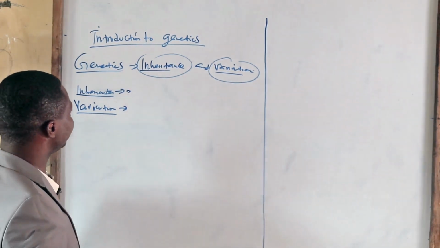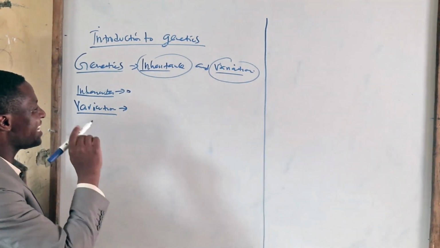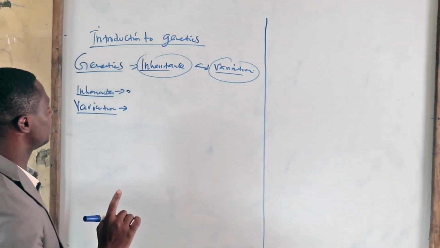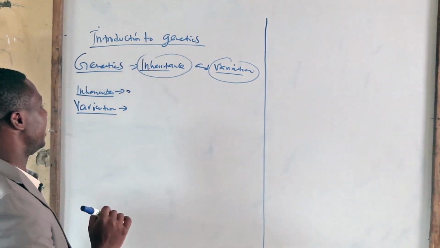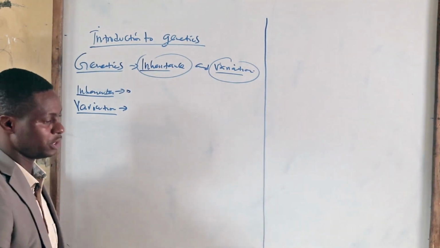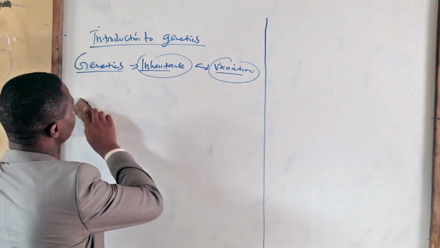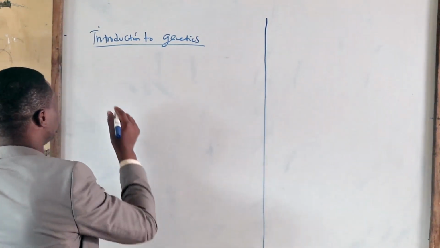So genetics is the study of inheritance and variation, where inheritance is the ability to transfer genetic information from parents to offspring and change, and variation is the difference in characteristics of a particular trait. Then, after the definition of inheritance and variation, we have types of variation.